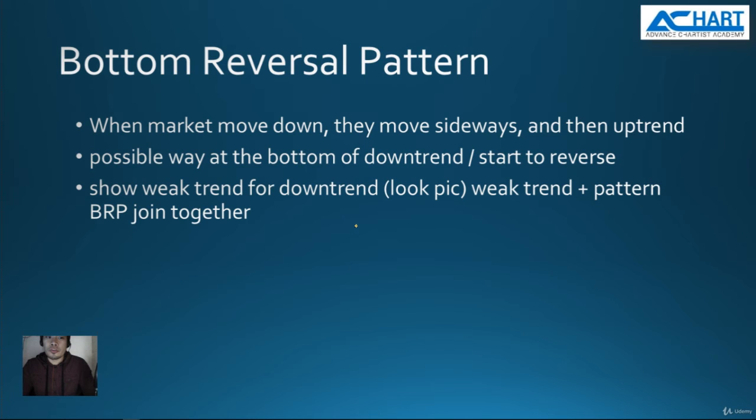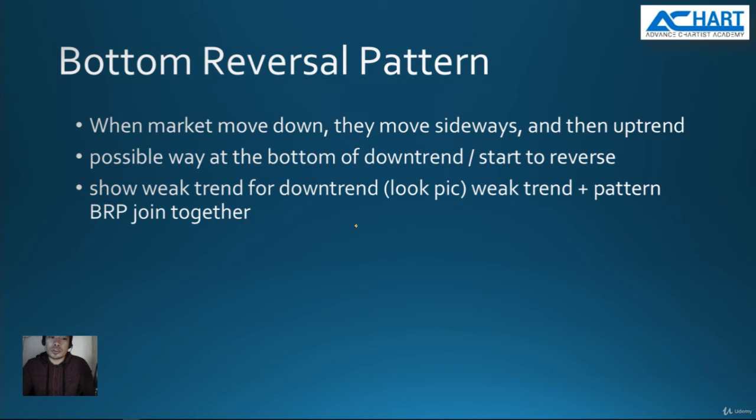Before it starts to reverse, it shows a very weak downtrend. When bottom reversal patterns join together and appear, there is a huge potential indication that the bottom has been reached and it starts to reverse upward. Again, there is no pattern lower than any bottom reversal pattern.